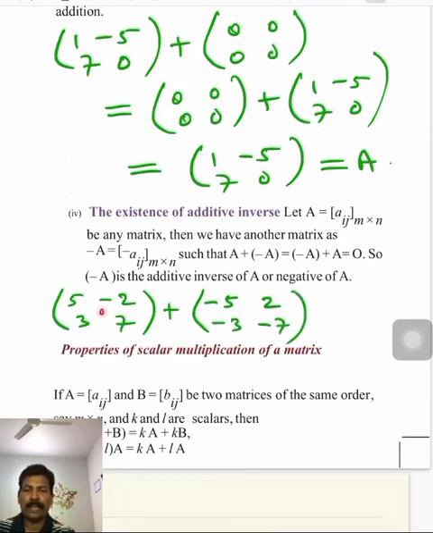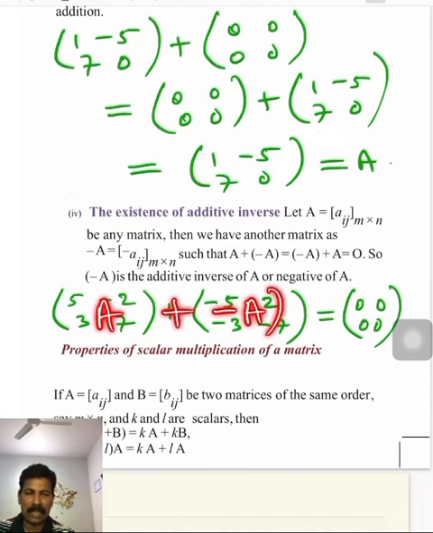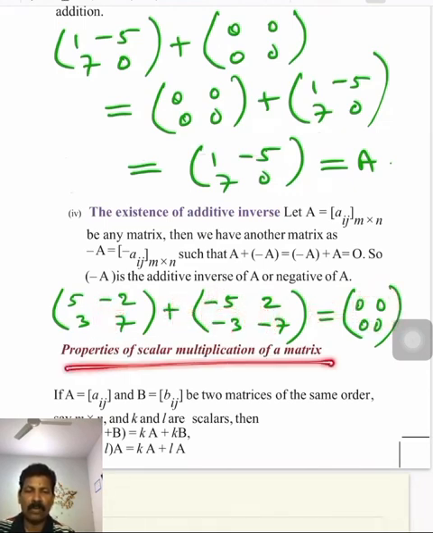You can see that the answer is 0, 0, 0, 0. A plus negative A is equal to, what's the answer? That is 0, 0, 0, 0. That is O. So A plus negative A is equal to negative A plus A is equal to O. Here negative A is called the additive inverse of capital A.